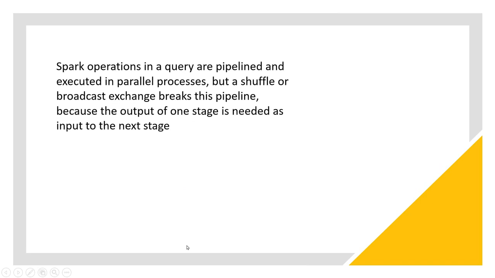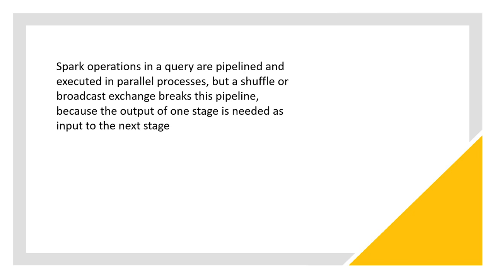One thing that I wanted to explain is why this kind of thing can be done by Spark. Whenever we do a Spark operation, there are a number of parallel processes that Spark executes. So everything doesn't execute serially. It does a lot of pipelining, executing in parallel and all of that.